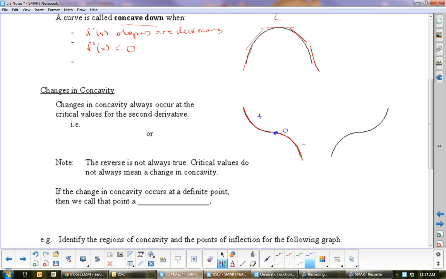So that is when f double prime x equals 0 or undefined. Okay, so these are points of inflection. So this would be an IP, and here would be an IP, or PI, doesn't matter what you want to say, but usually it's called IP, inflection point. Inflection points.